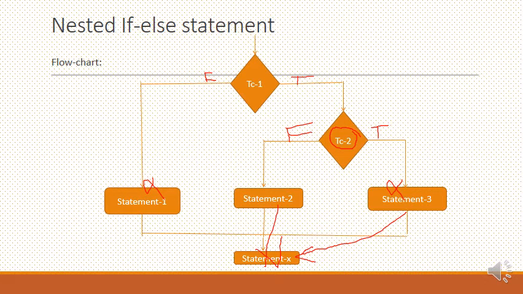So why have I written this statement X? After executing any one of the statements, your control goes to statement X. Another point you have to remember: in all these three statements, any one statement is executed and your control comes to statement X. This is the flow of the nested if else statement.